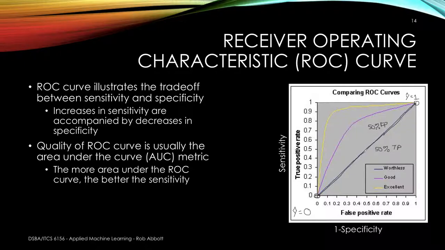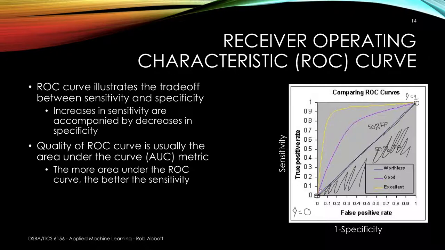So what we want to do is have as much of this area under the curve as possible for our classifier. In addition to this, what we really look at is a metric referred to as area under the curve.